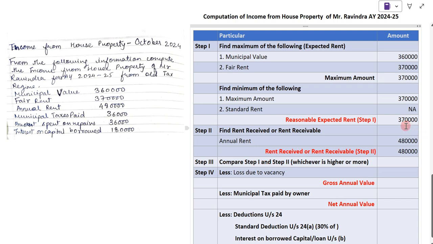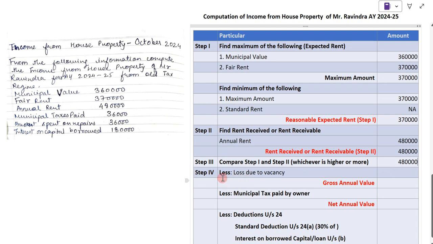Step 1 value we got is 3,70,000 and step 2 value is 4,80,000. Whichever is greater will be the value for step 3. 4,80,000 is the higher value.